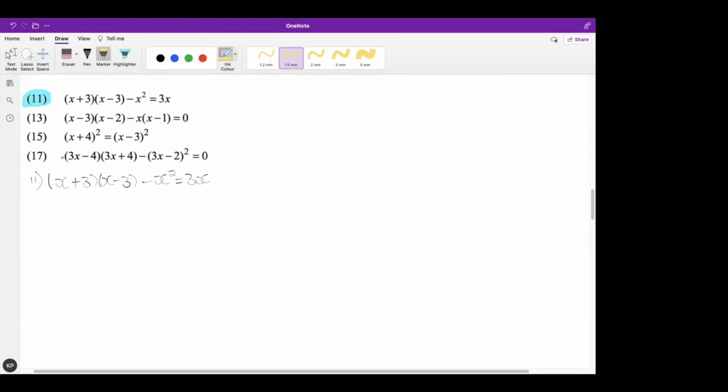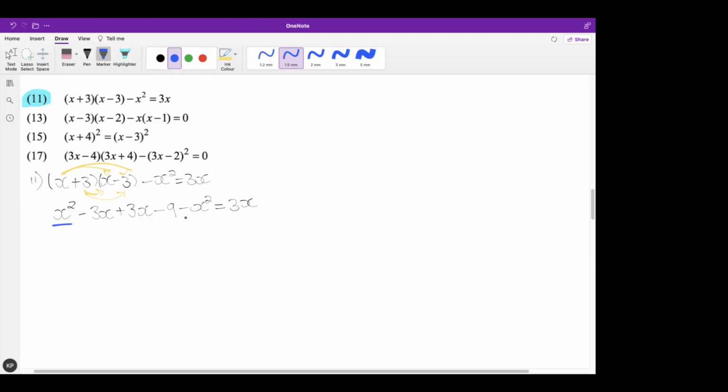Do you see that? So I'm going to start by foiling this. First, inner and last. So my first is x times x, which will give me x squared. Then my outer will give me negative 3x. Inner is 3 times x, so it is plus 3x. And last is negative 3 times positive 3, which is negative 9. Minus the x squared that was already there, and this is 3x. Okay. Now, let's look at our like terms on the left-hand side.